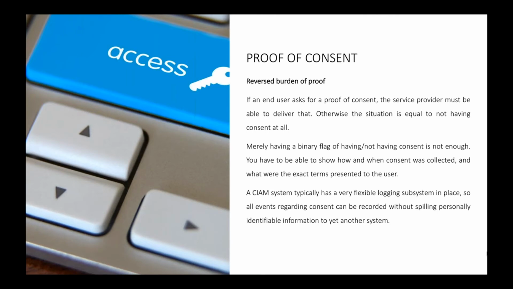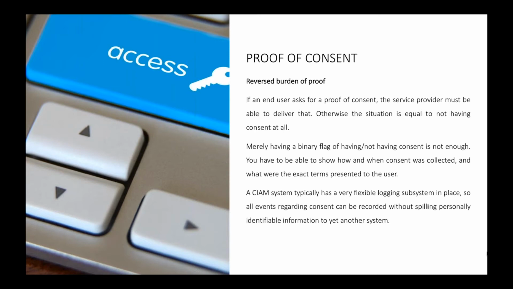And merely having a binary flag of having or not having consent is far from being enough. As a service provider, you have to be able to show how and when consent was collected, and in addition, what were the exact terms presented to the user.